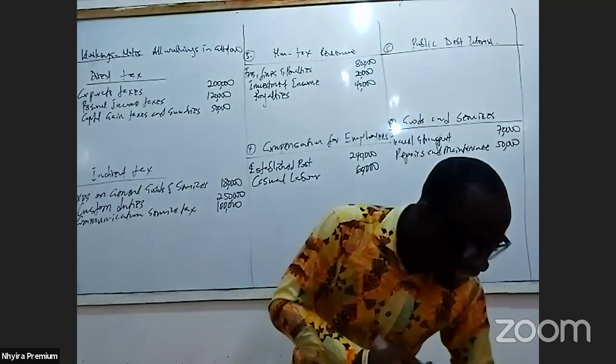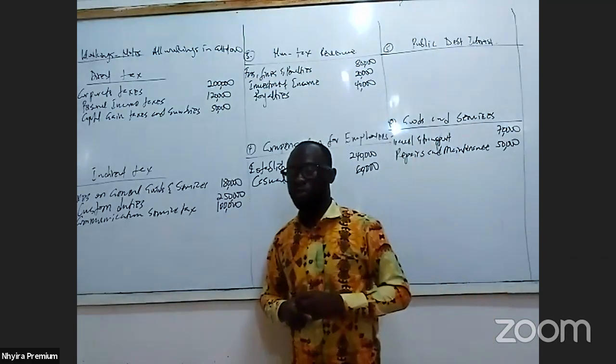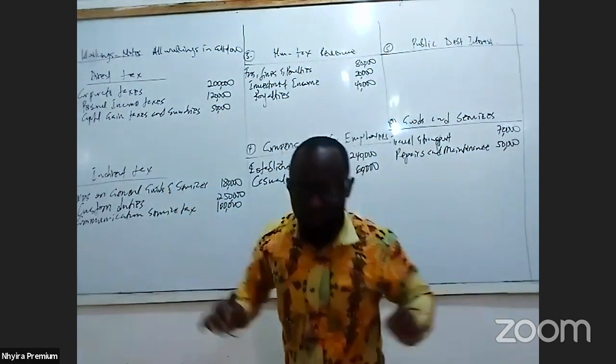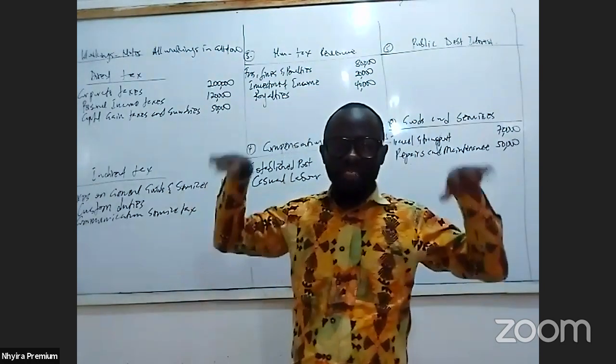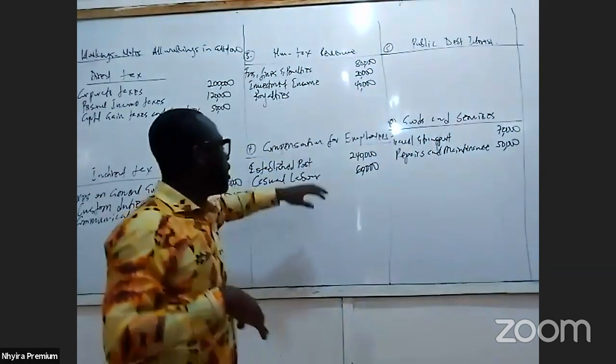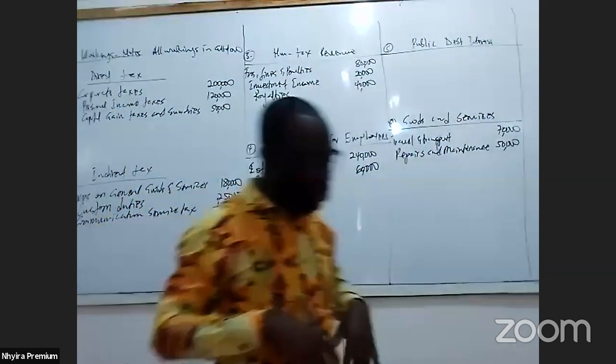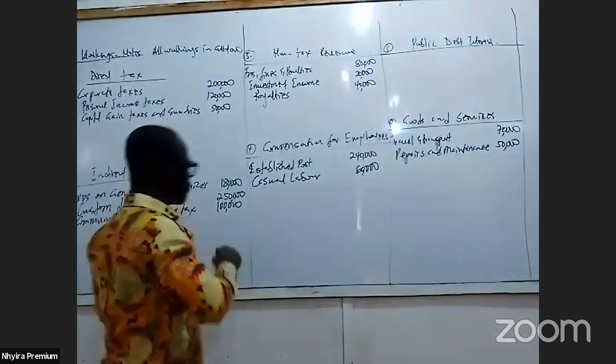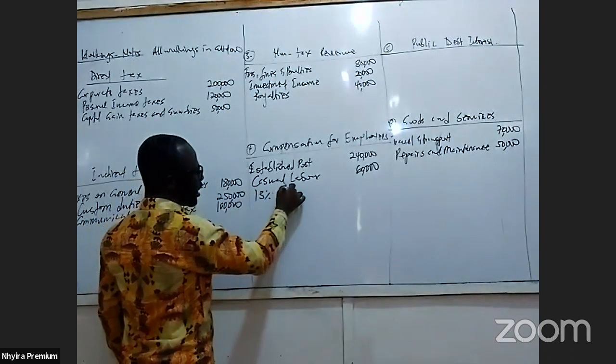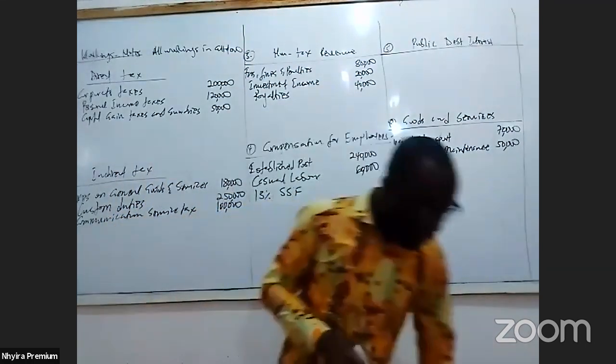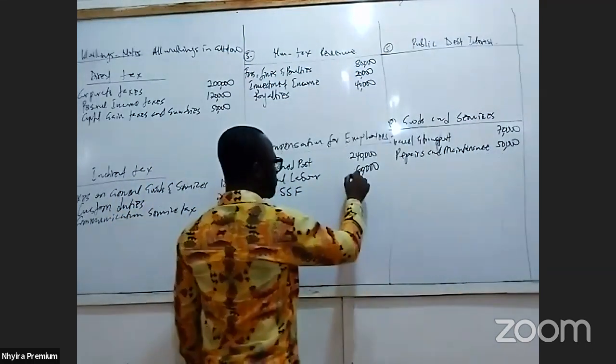Then we have 13% social security contribution. So this is what the government pays for the employees, and that is part of what? Compensation for employees. So 13% SSF, and that is 26,000.